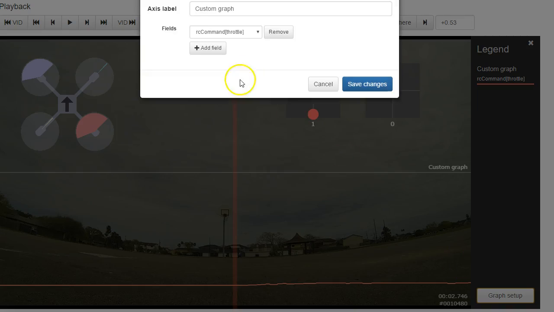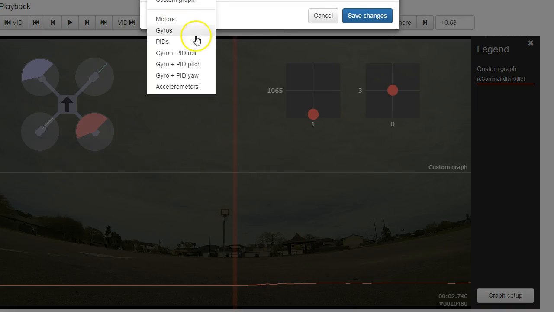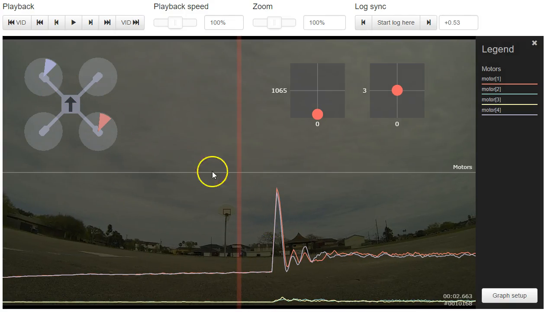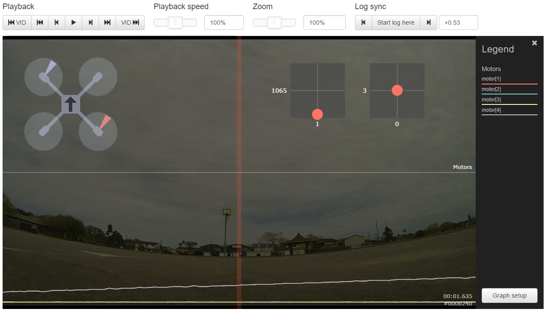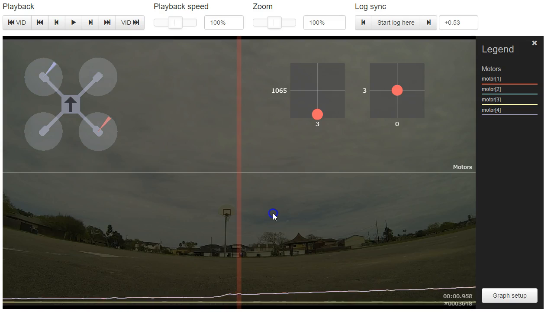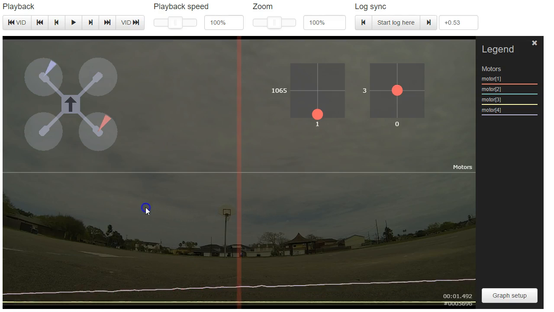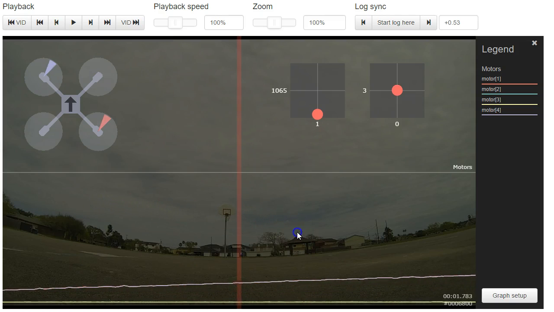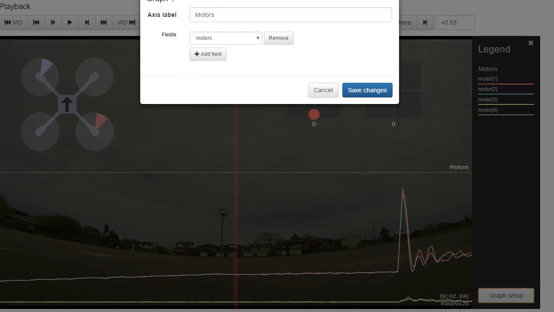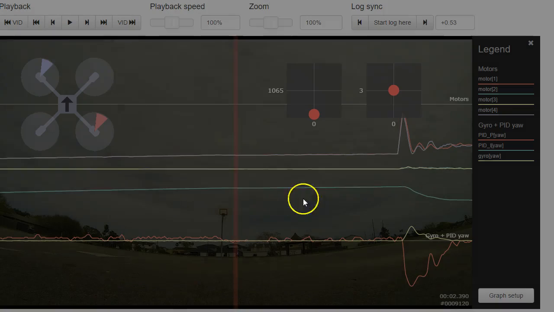right there. So now let's look at this blip a little more. If we look, we can see that the diagonal two motors, first of all, they're starting to climb, aren't they? They're building up. You've got some I-term buildup on the ground, which that's also interesting. Let's bring up your gyro plus PID yaw as well.